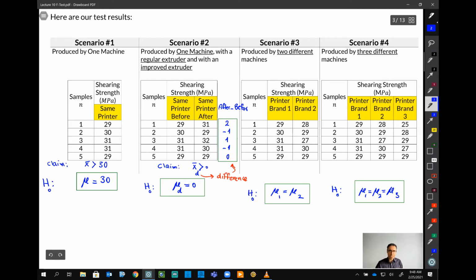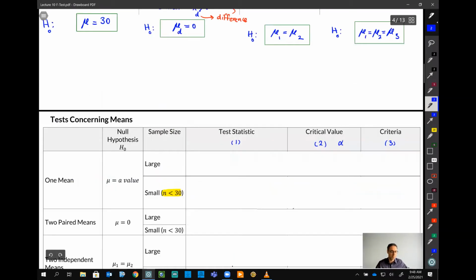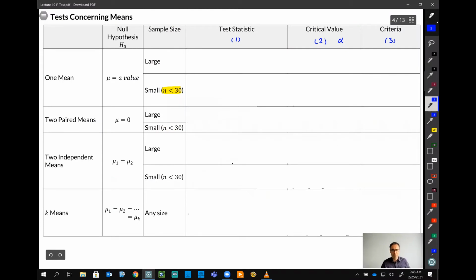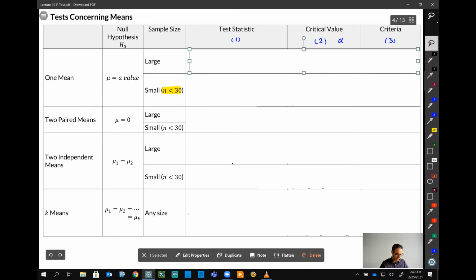But if you reject your null hypothesis, automatically you are saying, no, there is a significant difference. For example, there has been some improvement. Okay, that's the steps, easy and straightforward. From now on, it's just a bunch of formulas, right? In step number 1, you calculate a test statistic, which is a formula. You saw it for the very first one, sample, large.